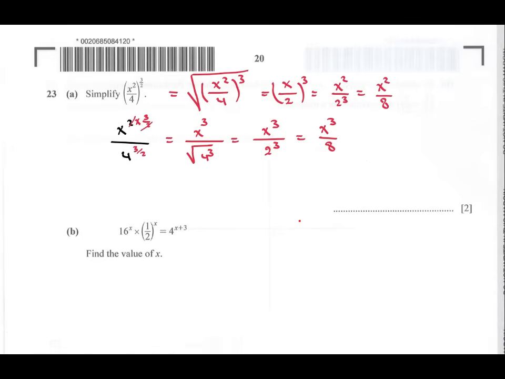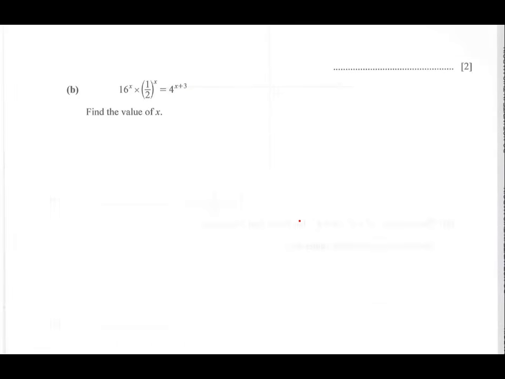Okay. Part B, power equations: 16^x × (1/2)^x... we factorize 16. 16 divided by 2 equals 8, divided by 2 equals 4, divided by 2 equals 2, divided by 2 equals 1. We have 2 to the power 4.